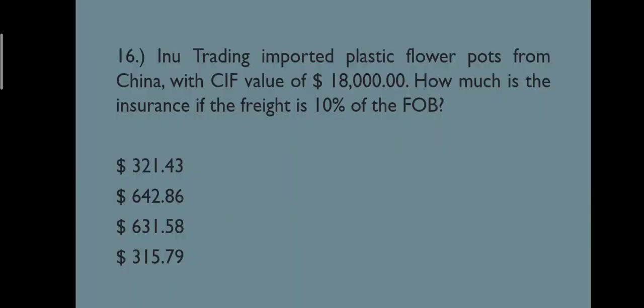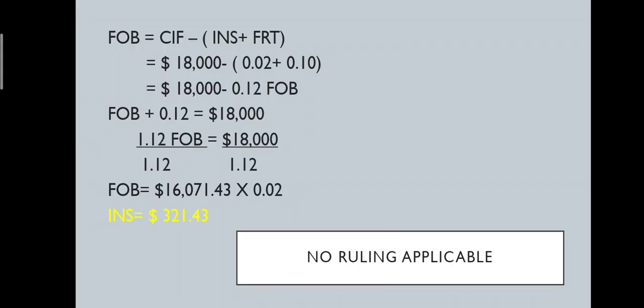Sayang insurance kay plastic power pots man siya, so it's not a dangerous cargo. So 2% sayang insurance. Mo makuha na ta og insurance nga $321.43. So mo na siya ang ato ang dutiable insurance. Then no ruling is applied. No rule is applied. So no ruling applicable kay expression raman gyapon siya. So mao na to siya tanan, guys.